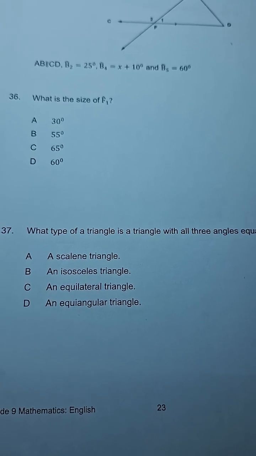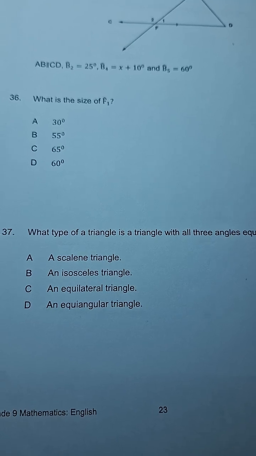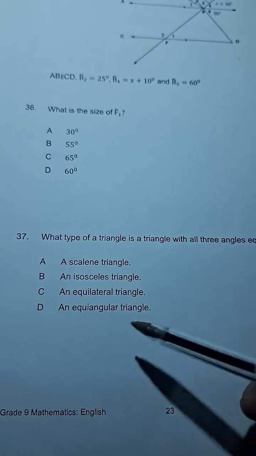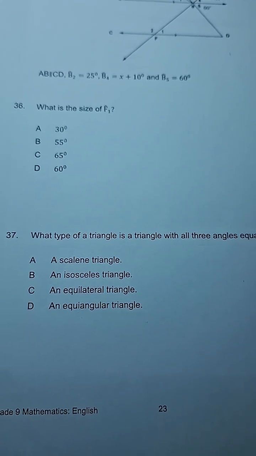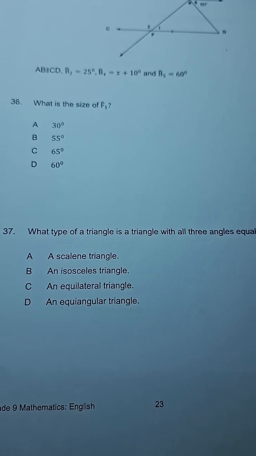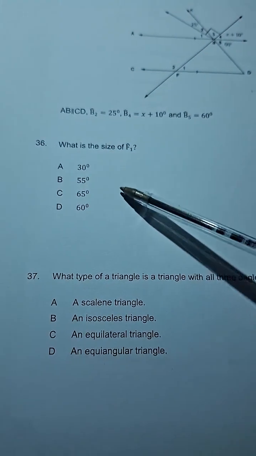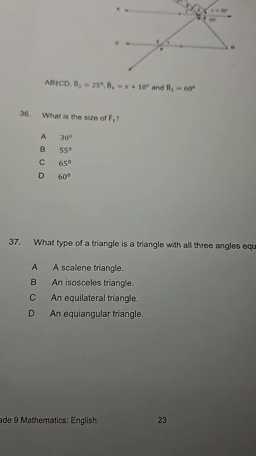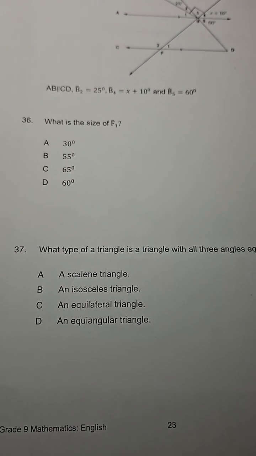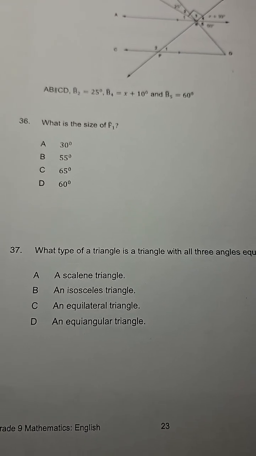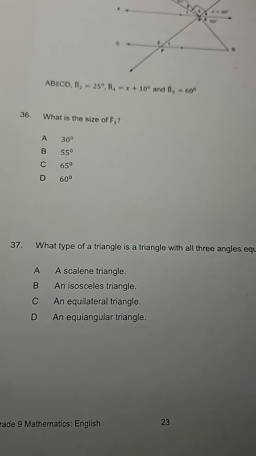I did a geometry GEC session yesterday on multiple choice questions, and this is a continuation of that. You can find the live session I did yesterday. It was a bit longer, 1 hour 30 something minutes, where I was going through the multiple choice options, but also doing the working out, which is the culture that we need to get into as learners in grade 9. When we're answering GEC, we don't just circle answers for the sake of circling.